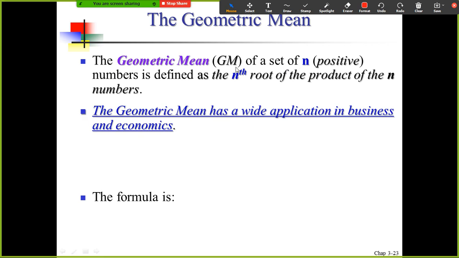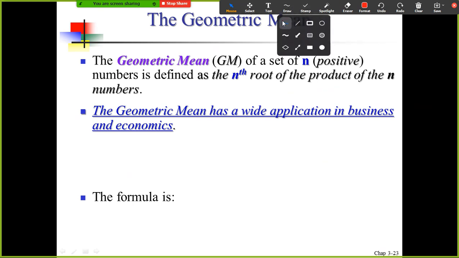The geometric mean of a set of n numbers is defined as the nth root of the product of the n numbers, that is, with n observations or n items inside this set.